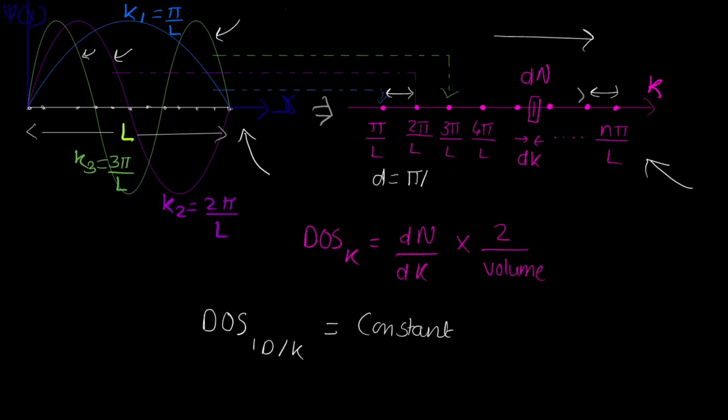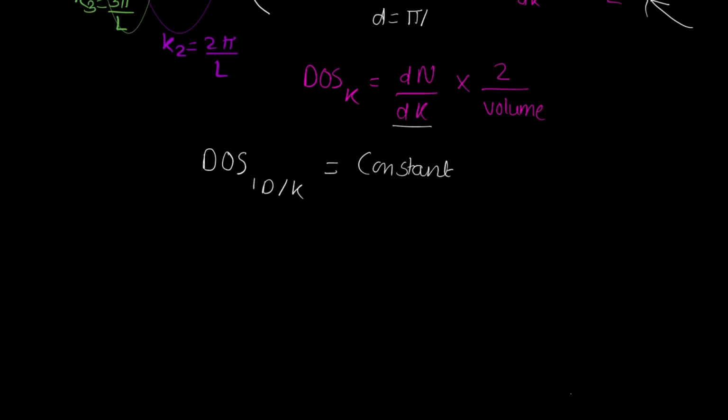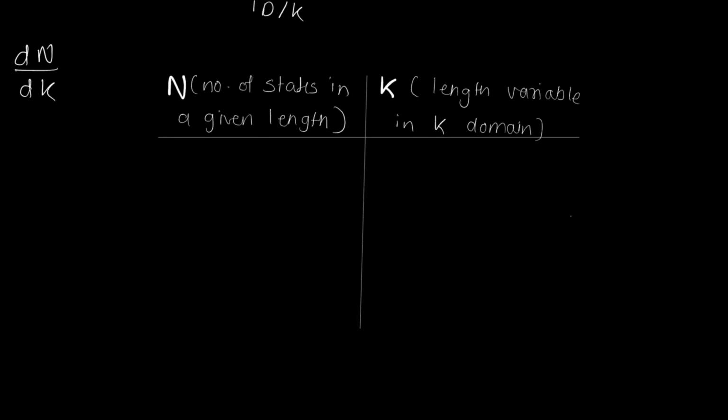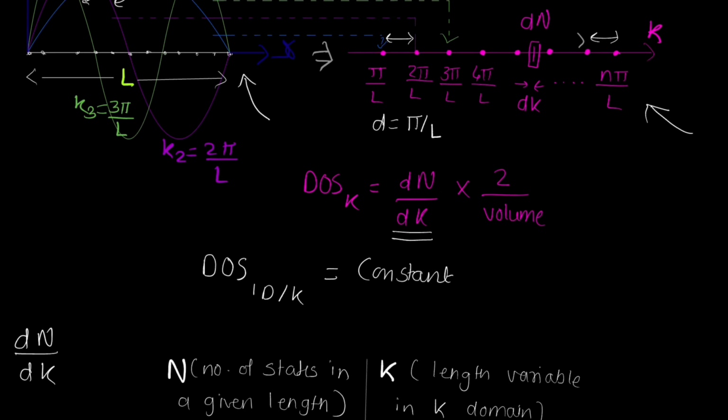But now let's try to prove this mathematically, and let's try to find out what is the value of this density of states. So what we are interested in is this dn by dk. So let's try to find the relation between this n and k. Now I have drawn a table in which I will update the values for n and k. When k was pi by L, so the distance in the k domain was pi by L, how many states were there in this distance?